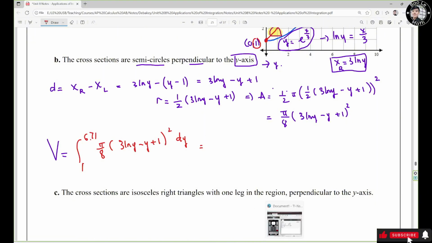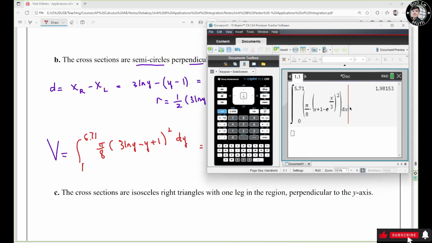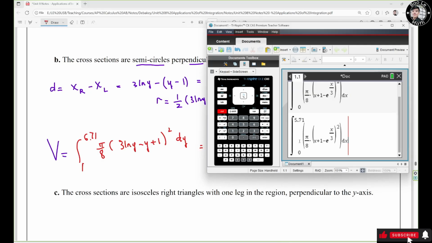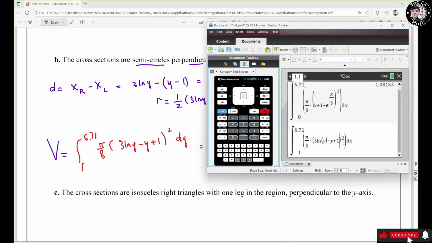Now you're going to bring up the calculator. The integral from 1 to 6.71 of pi over 8 times 3 ln y minus y plus 1, all together squared.